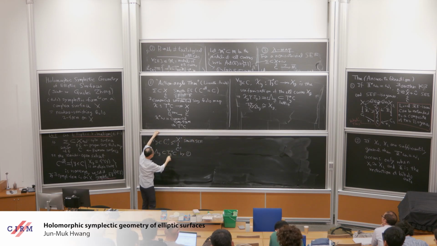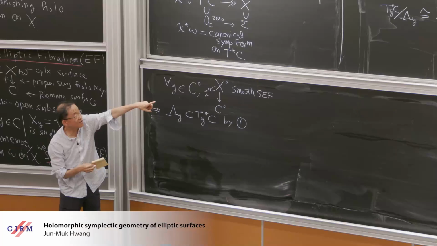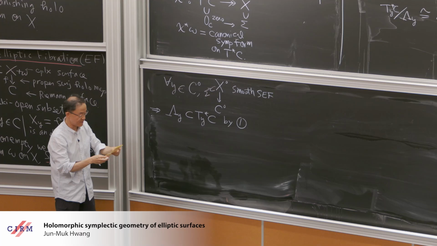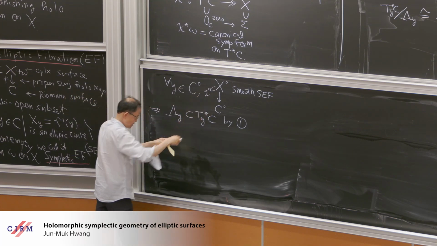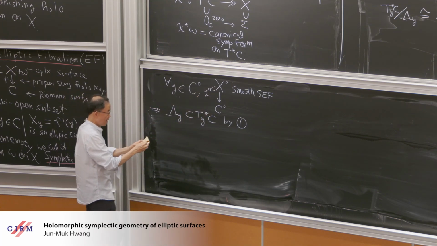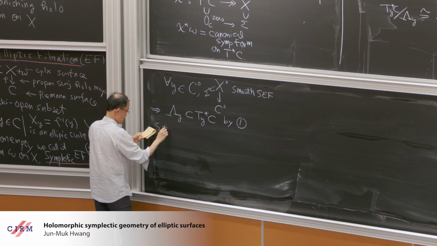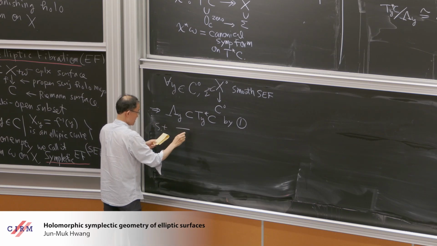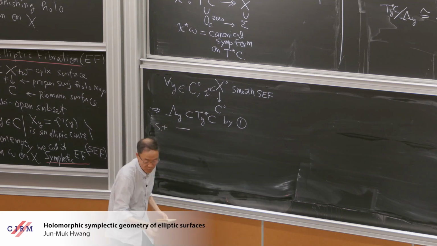There's a lattice inside the cotangent space of C, because it's a smooth symplectic elliptic fibration, such that this, okay, and then one more.